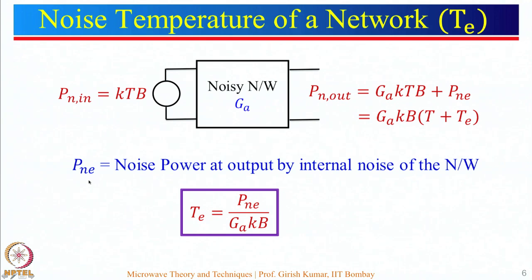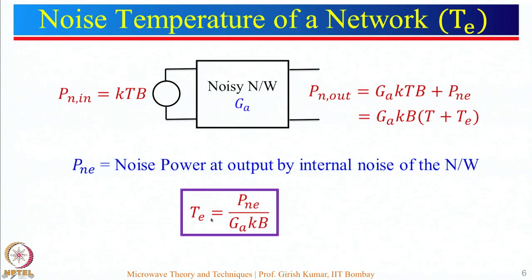So, we can say that Pne is noise power at output by internal noise of the network, and this internal noise can be due to all the resistors, due to all the current sources, due to all the voltage sources within the network. So, from here we can say that Te is nothing but Pne divided by GaKB. You can actually think this whole thing in a slightly simpler manner as shown in the next slide.